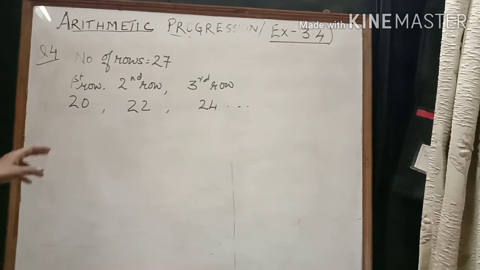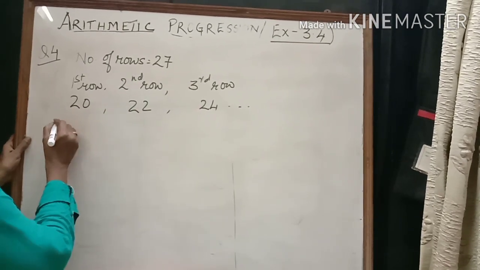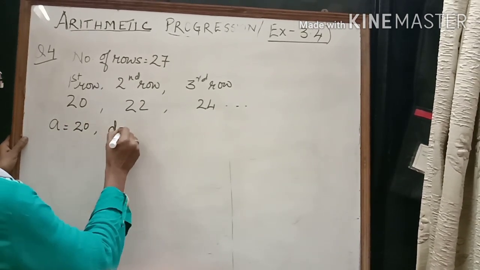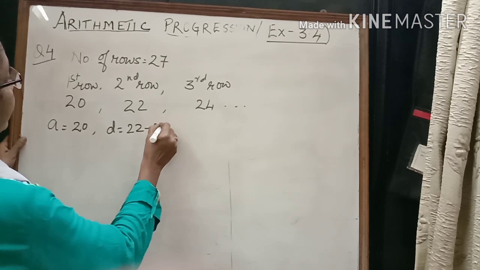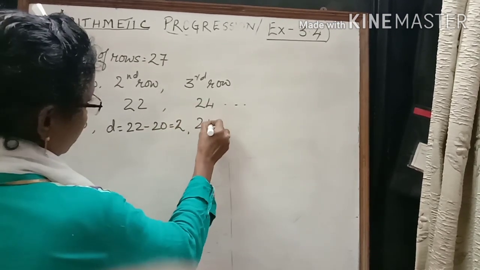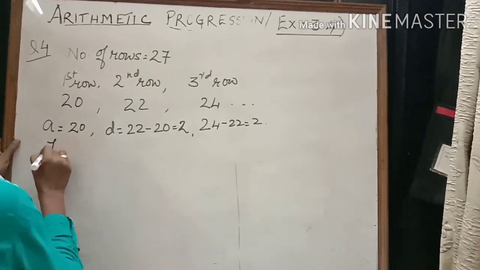Now here also we see that the difference between them is 2. So here a is equal to 20 and d is equal to 22 minus 20 is equal to 2. Again 24 minus 22 is equal to 2. This is in AP.